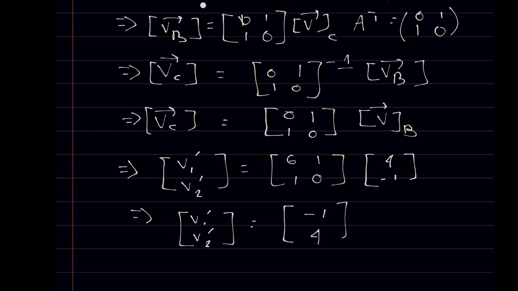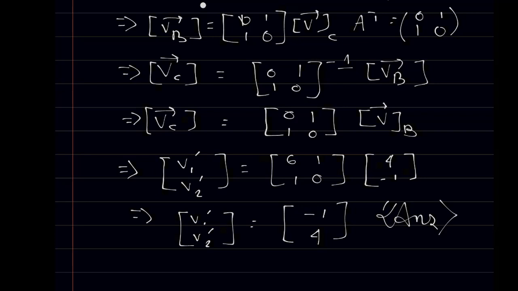You see, we got the answer. So that's the beauty of the formalism that we just found out. If you know the matrix that transforms the basis, then you can automatically find the coordinate transformation using the transpose of the matrix. Okay, this is easy.